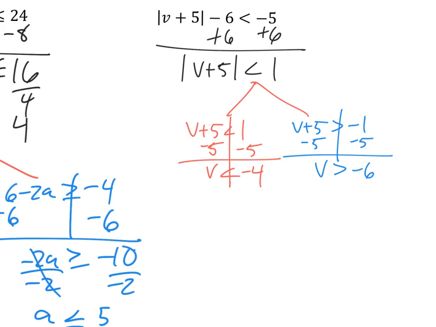So v is less than -4 and greater than -6. If you want to represent that on a number line, we can have -6, -5, -4. We'll have open circles at both -4 and -6. Less than -4 but greater than -6 means we will shade in between there. And that will be our solution for this inequality.